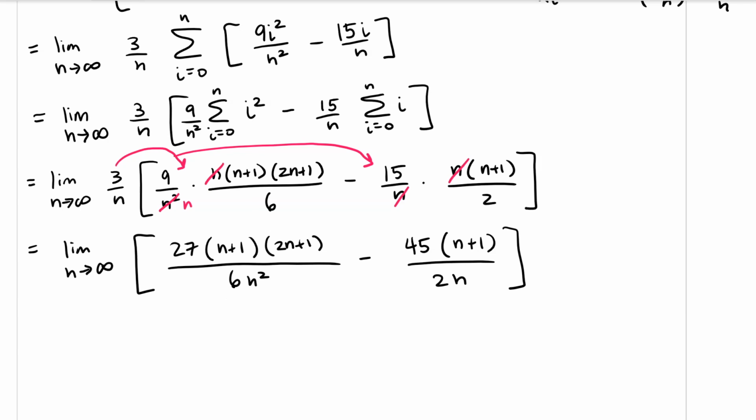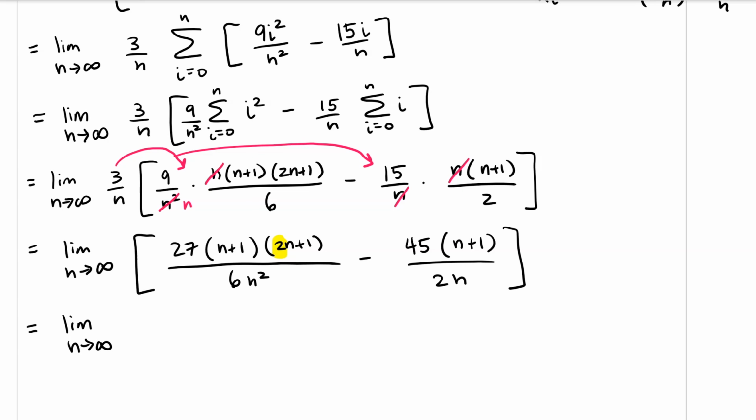Now, just keep in mind, somewhere students will often make an error is there is a 2 right here, and so really the leading coefficient of the numerator should be 27 times 2. So please don't make that error and make sure you are aware of that.